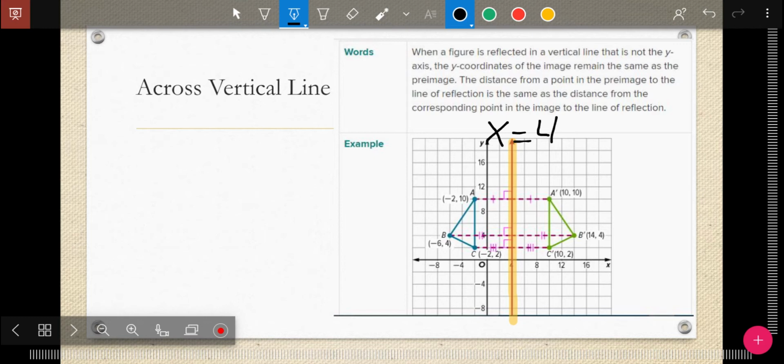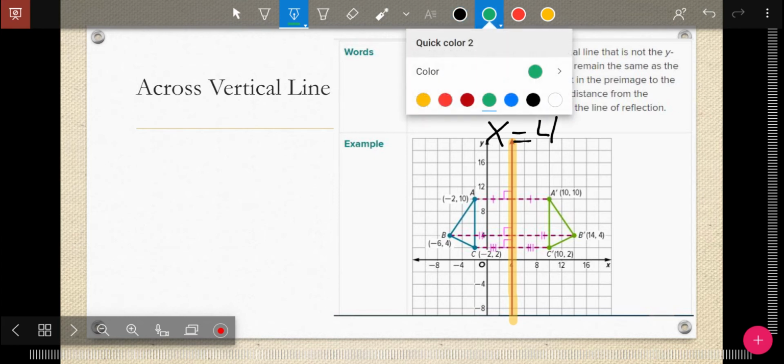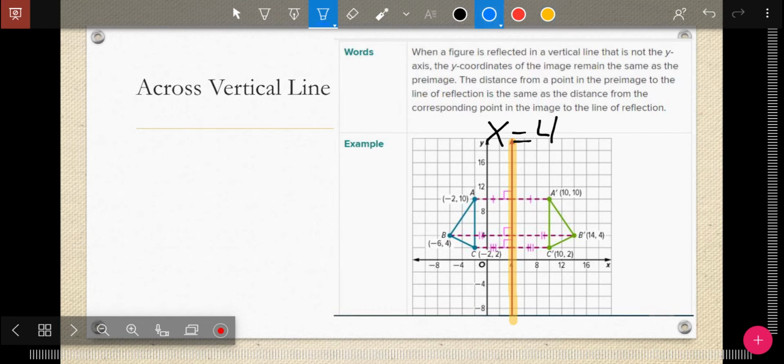Then I want to be able to reflect across that line. The blue one over here, which we'll call A because they called it A, reflects over that line over to here to become A image.